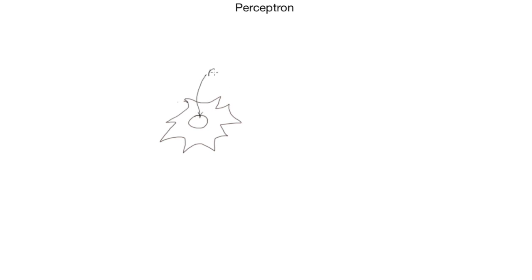At the center of this neuron is a nucleus. Surrounding it is the cell body called the soma. And this neuron receives stimulus or inputs from its environment through these dendrites.